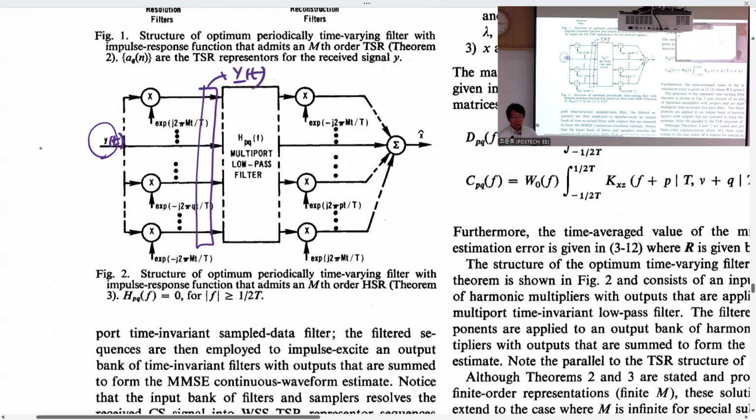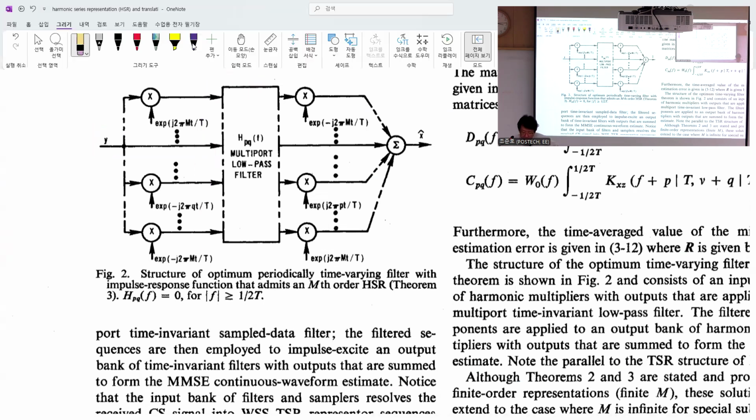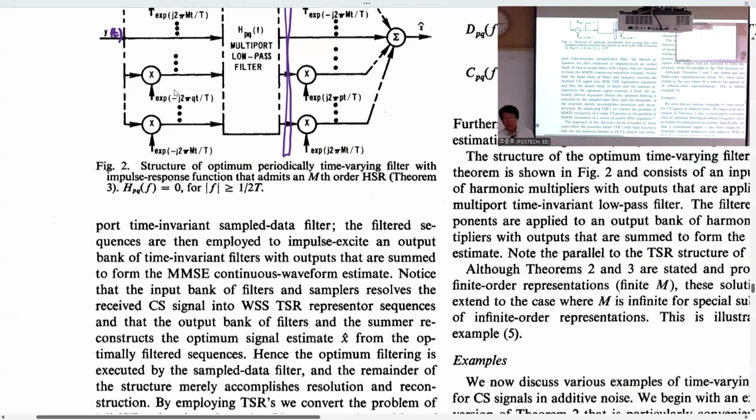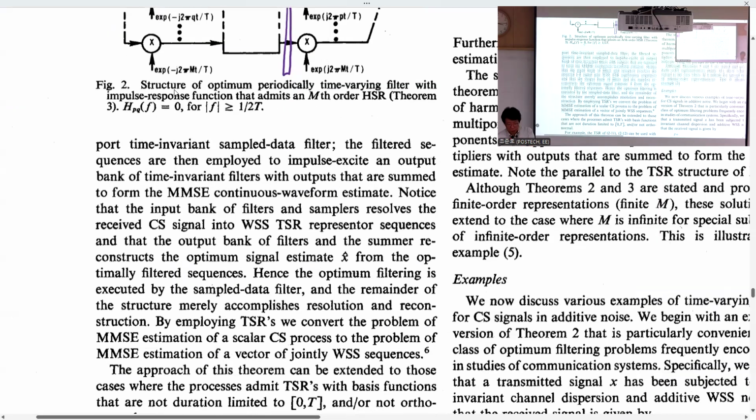But you see, sorry about that, low pass filter. Sorry about that, not here. So this is Y of t, and that is Y t. By the way, this part is a little bit confusing here, but it's related to actually MIMO system.